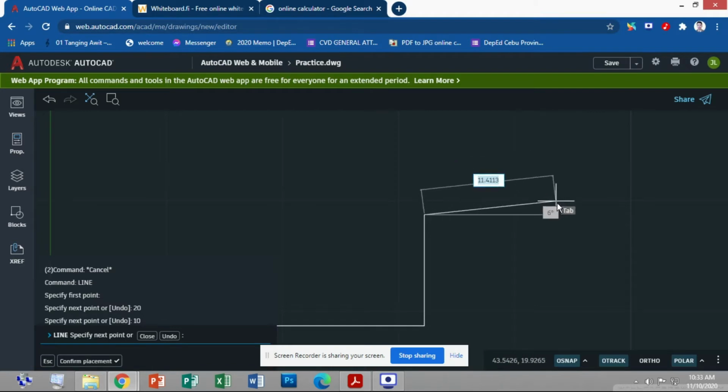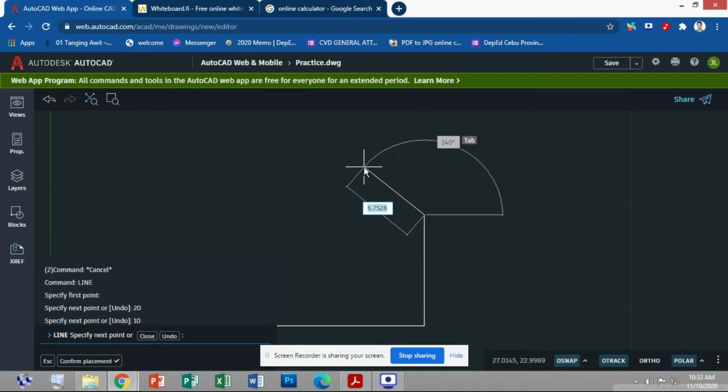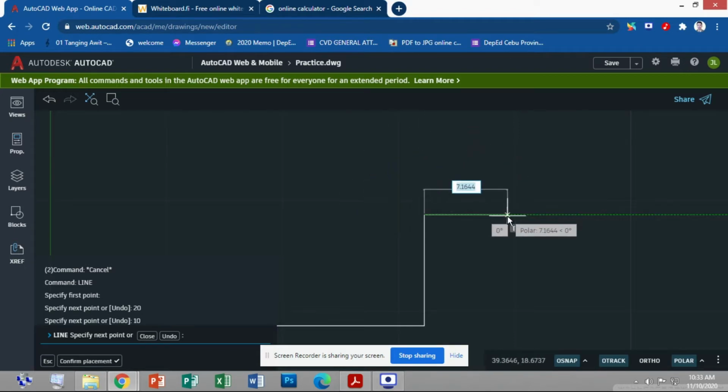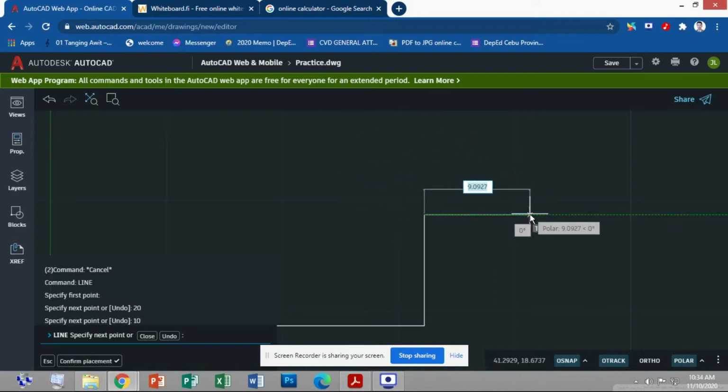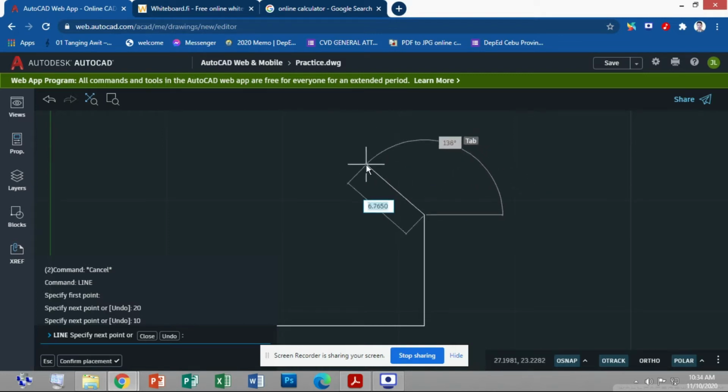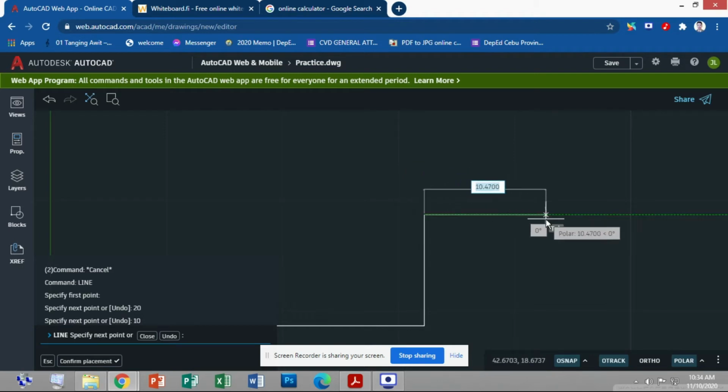So the angle here, ang starting point niya ay nasa quadrant 1. Okay? So, how are we going to calculate 125 inclusive angle when actually our angle has a reference in this first quadrant. So ito talaga ganito talaga tumatakbo yung angle sa AutoCAD.